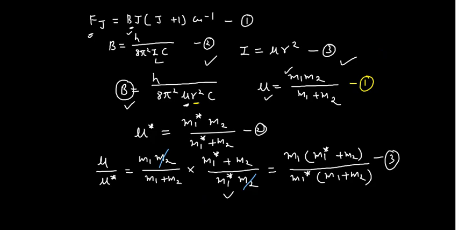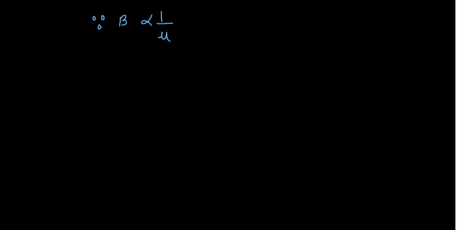Since you know your rotational constant B is inversely proportional to the reduced mass, I have shown you this thing. In this slide you can see this B is inversely proportional to the reduced mass. So when this happens, what you can write here, thus mu by mu star would also have the inverse relationship.